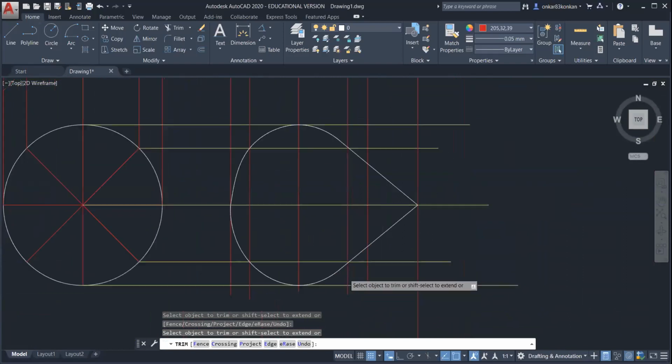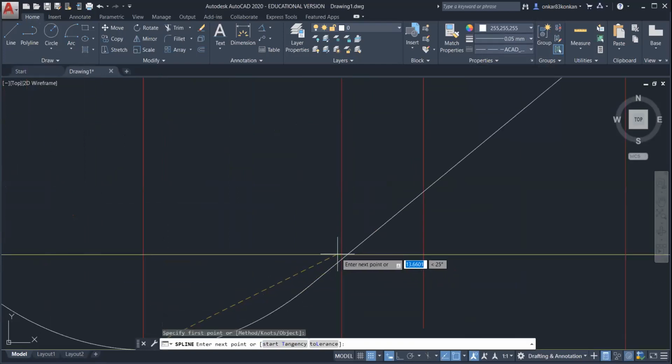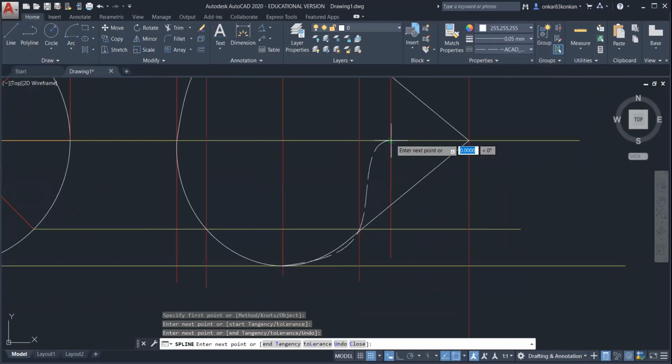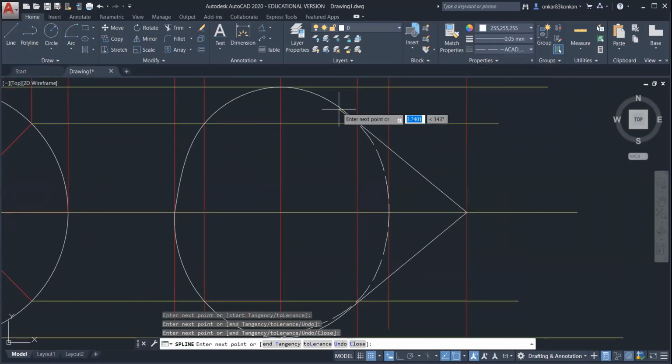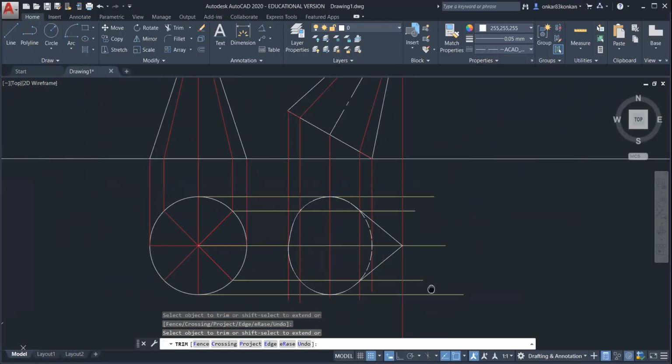Then the remaining portion will be a hidden portion. So this is your final projection.